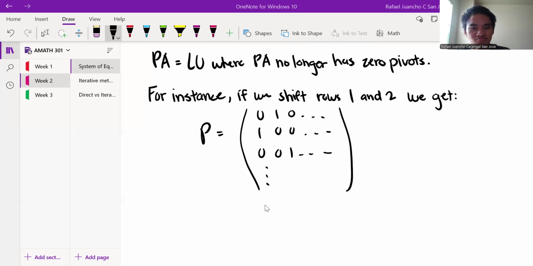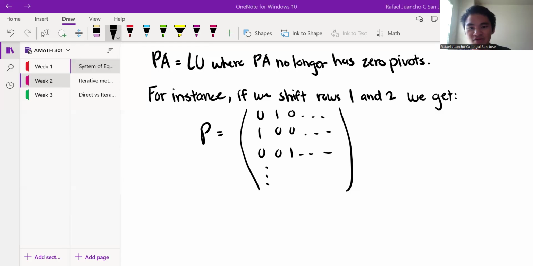So I'm actually going to try to dive deeper into this permutation matrix. I want to see what this is really about. A permutation matrix is just an identity matrix with its rows rearranged.